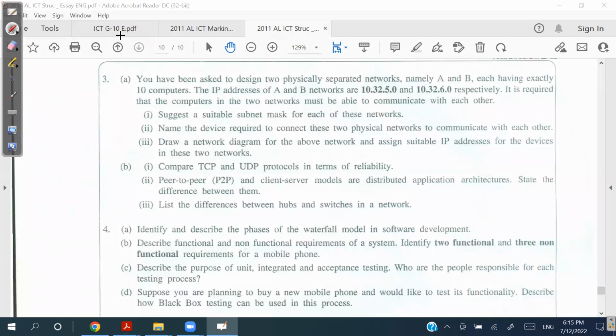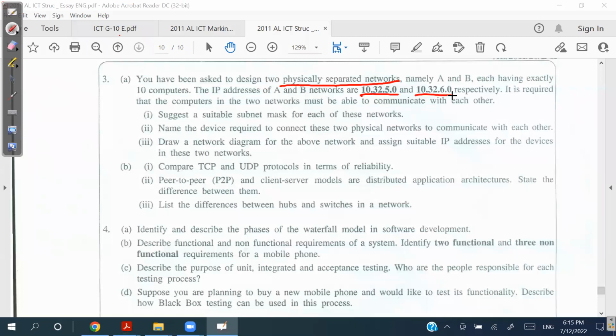So it says it is required that the computers in the two networks must be able to communicate with each other, right? So those are two physically separated networks, and this is one of the network addresses, and this is the other one's network address, right?